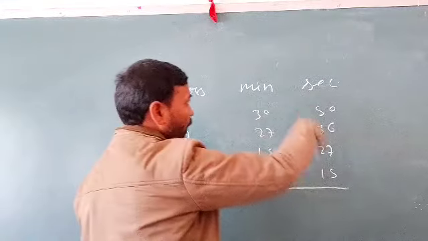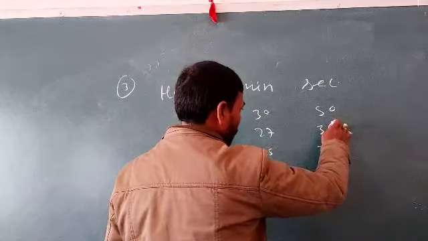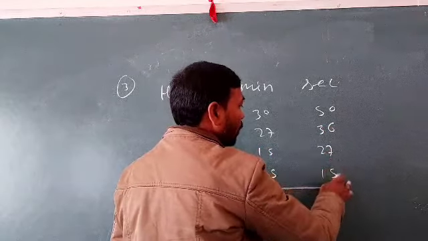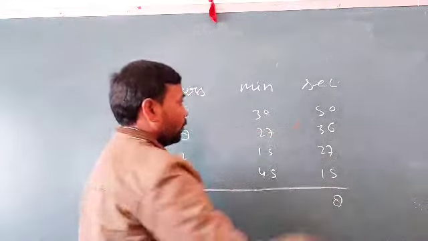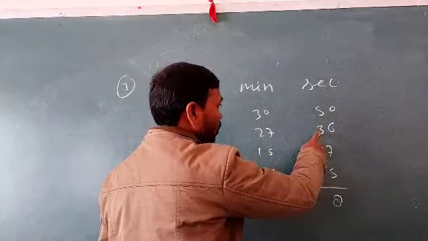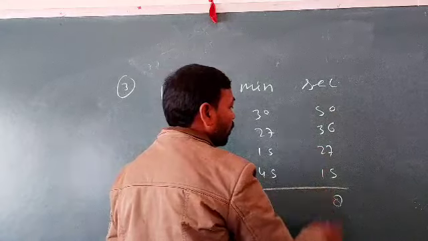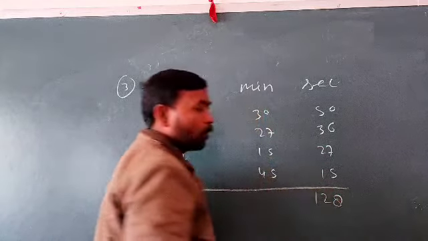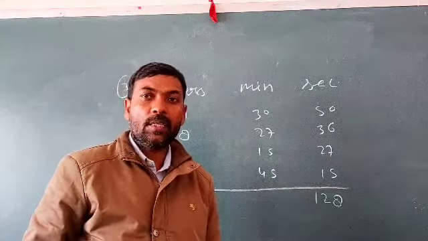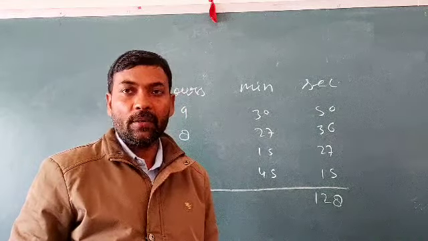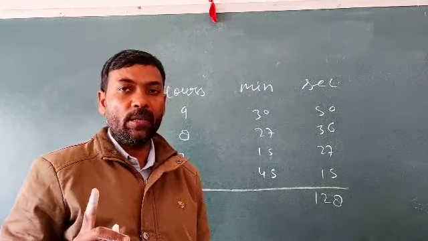So first we have to add the seconds column. Add 6 and 7, 13, 13 and 5, 18, 1 carry, 5 and 6 and 3, 9, 9 and 2, 11, 11 and 1, 12. 128 seconds. But children, you know, 60 seconds can be converted into a minute. 60 seconds are equal to 1 minute.